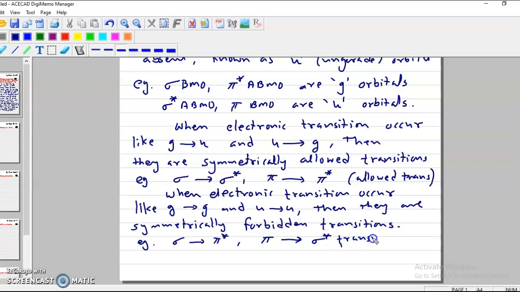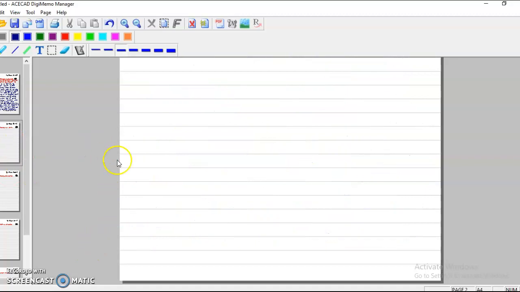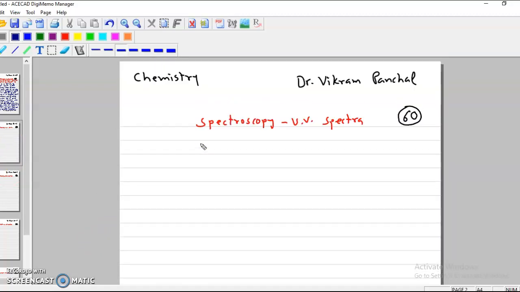These are forbidden transitions and practically very difficult because they have a very low value of energy. So this was about the center of symmetry rule for electronic transition.